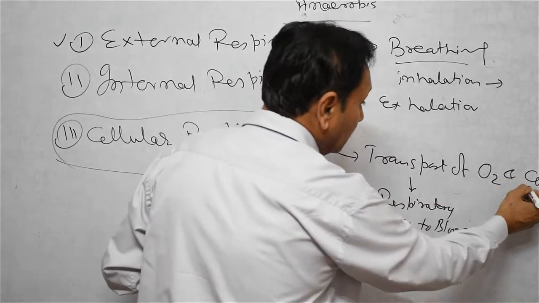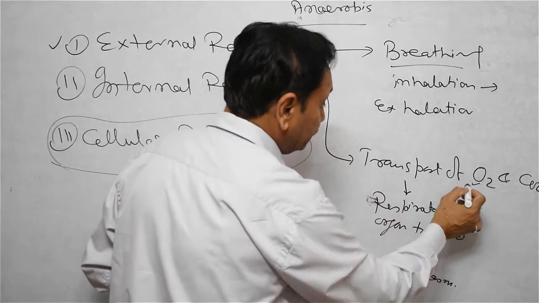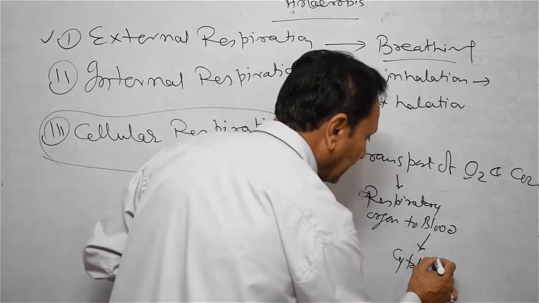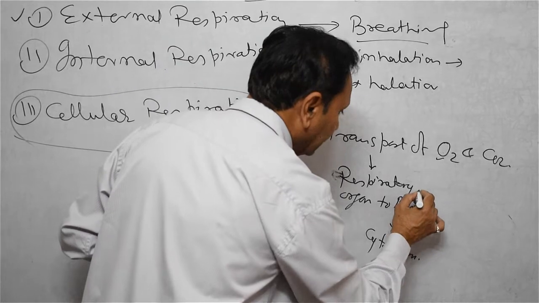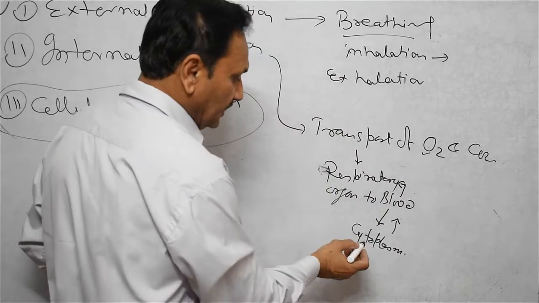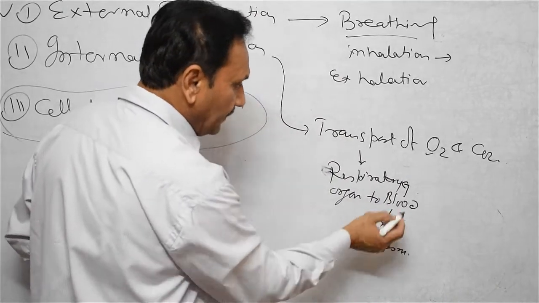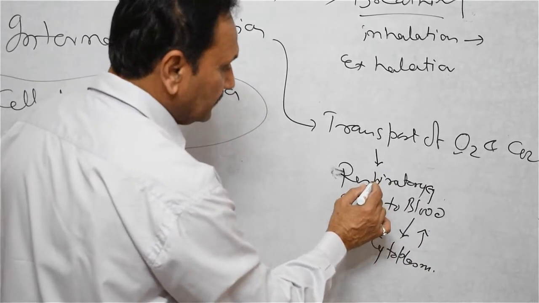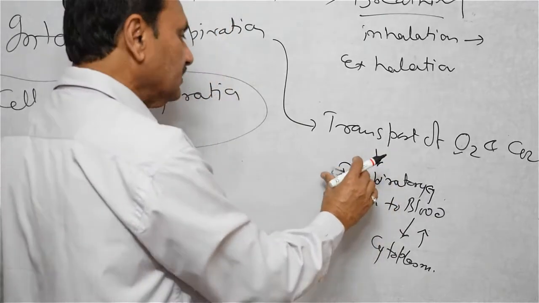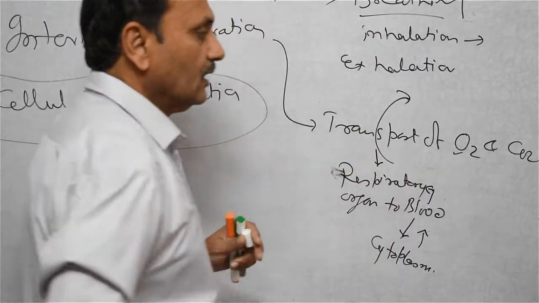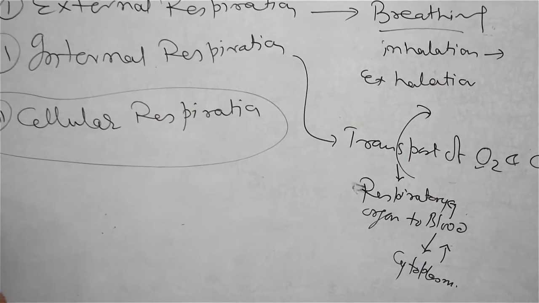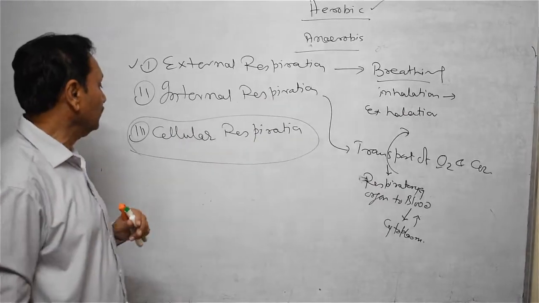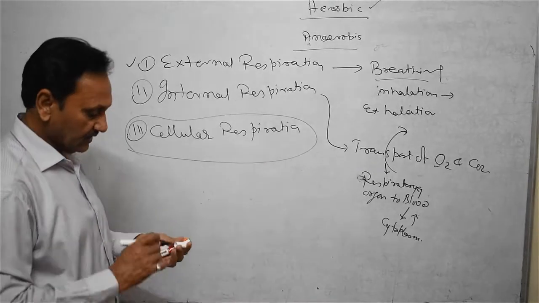And if the arrow is reversed, then what happens? From the cytoplasm, the carbon dioxide moves to the blood, and from the blood, carbon dioxide moves to the respiratory organ, and from the respiratory organ it moves outside the body. This is called internal respiration, and in cellular respiration we have discussed previously what happens.